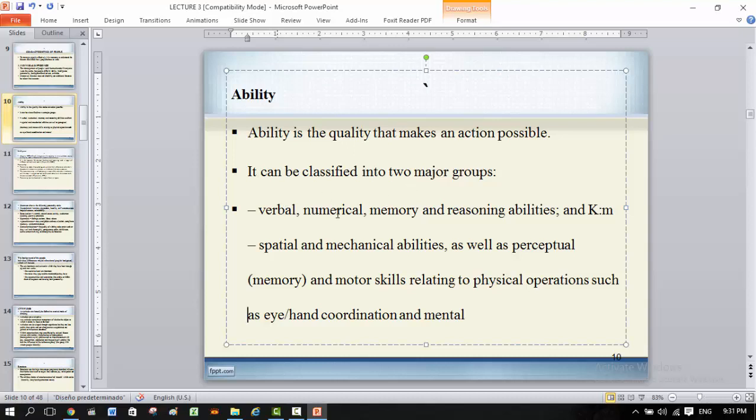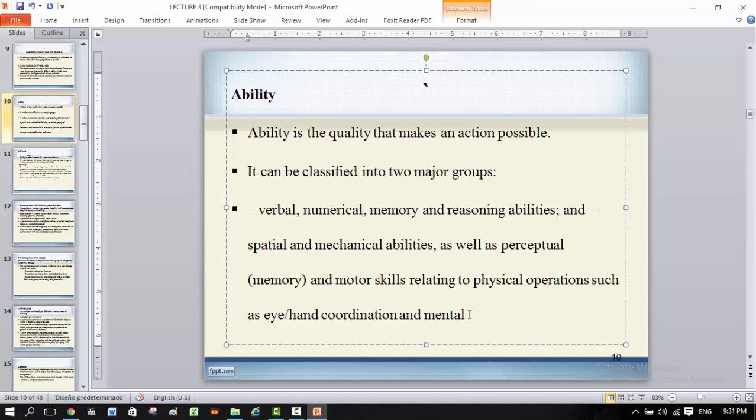The first group: verbal, numerical, memory, reasoning abilities, and the special mechanical abilities, as well as perceptual and motor skills related to physical operation, such as eye-hand coordination. It means that some people may have the ability to do medical work properly and quickly.